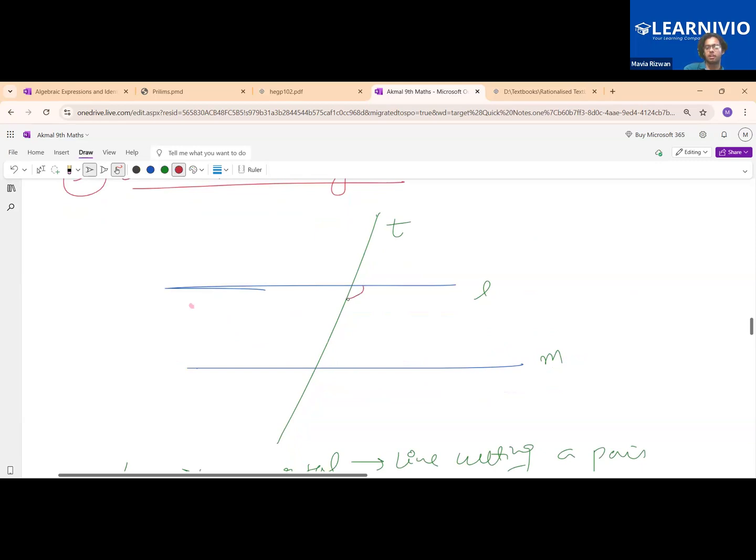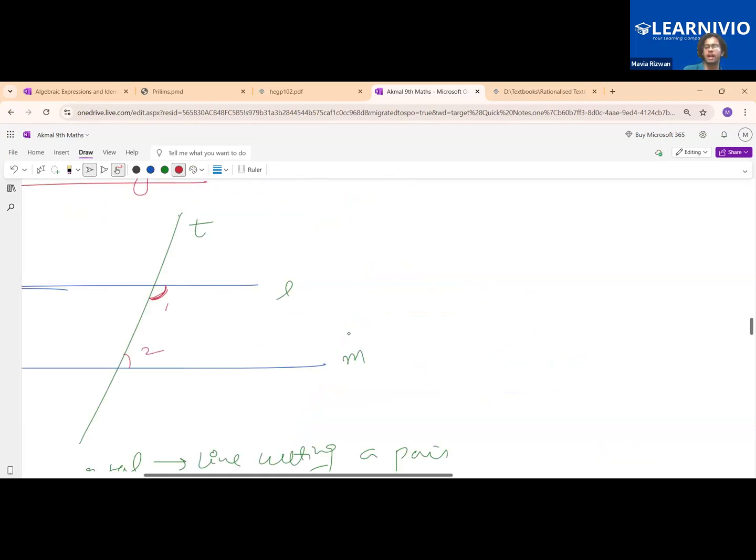Let's say I'll take this side. This is angle 1 and this is angle 2. Of course these are co-interior angles. Why? First of all, they are both on the same side of the transversal, that is on the right, and they are in the interior, means between the two parallel lines. So we call them co-interior angles. Angle 1 and angle 2 are co-interior angles. Clear, Akmal?